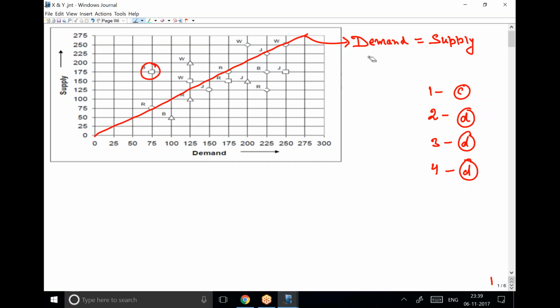So if you see question number 1 here, for how many kinds of grain is supply falling short of demand. So this is representing the supply, this portion y-axis, and the demand.